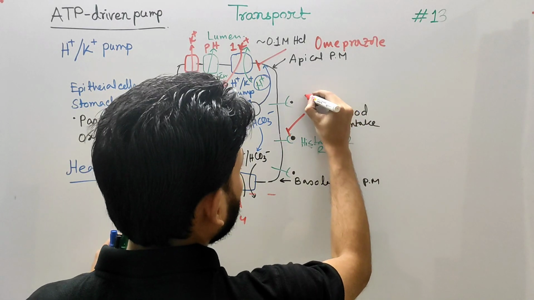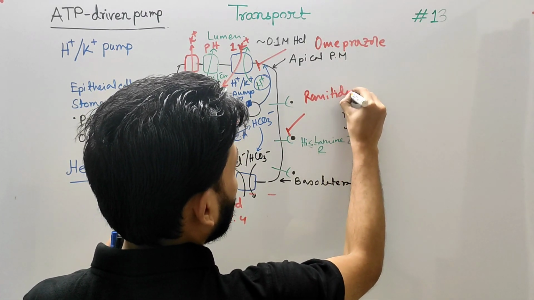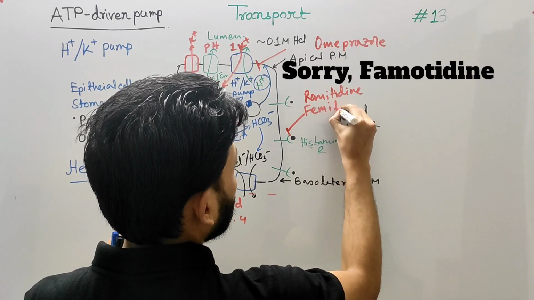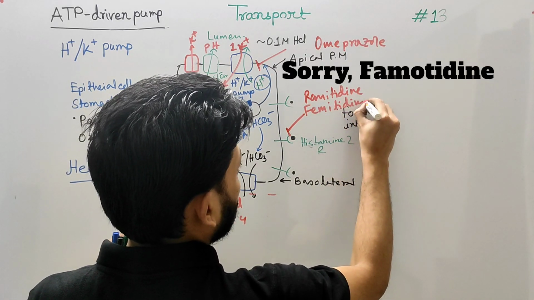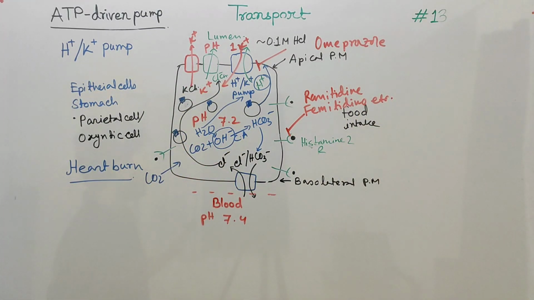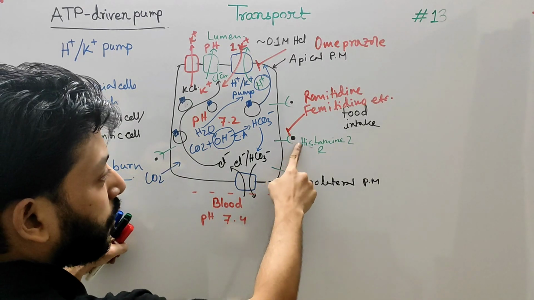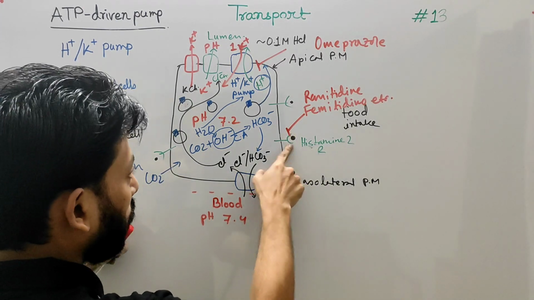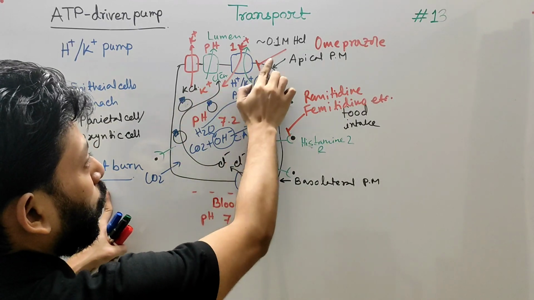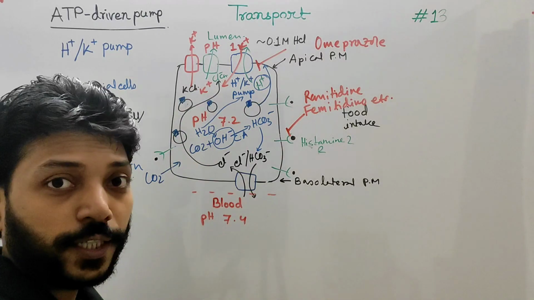These medicines are called ranitidine, famotidine, etc. So by these two ways, we can relieve the symptom of heartburn, because if these histamine 2 receptors are blocked, then the vesicles that contain the hydrogen potassium pump will not fuse with the apical plasma membrane, and then less hydrogen will come out.